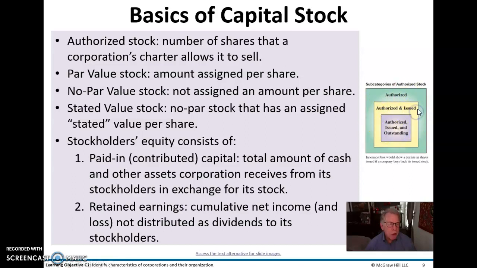Normally, if you don't buy back any of your shares, called treasury stock, issued and outstanding shares are the same. The number of shares that are out in the public are the outstanding shares.